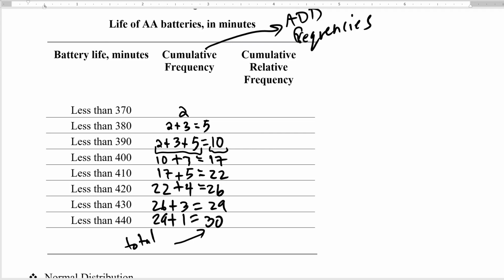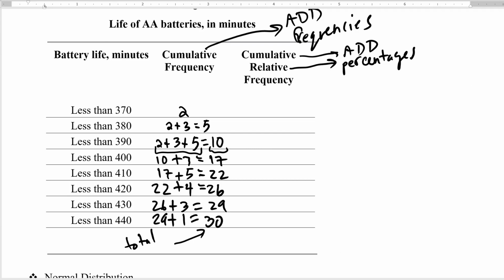Last but not least, cumulative relative frequency. Cumulative, we already know means add. Relative, we already know. We did in the last one, we are going to add percentages. So we have two ways of doing this. We already have them all added, so we can take all those things that are added and turn them into percentages.